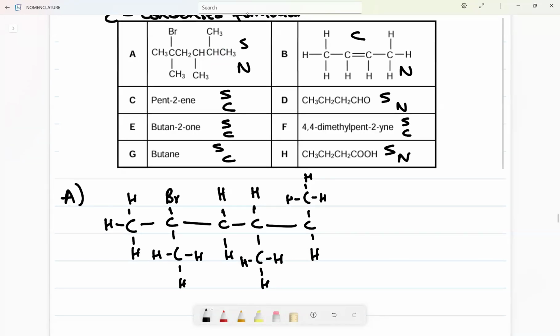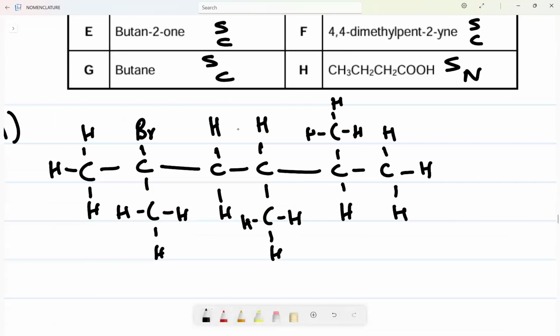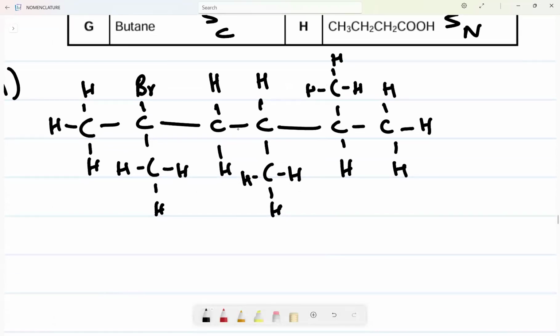Therefore, I have a CH3. This is me taking the condensed formula into a structural formula.